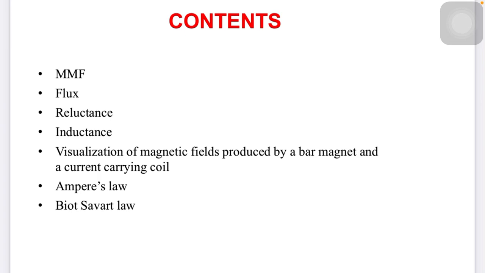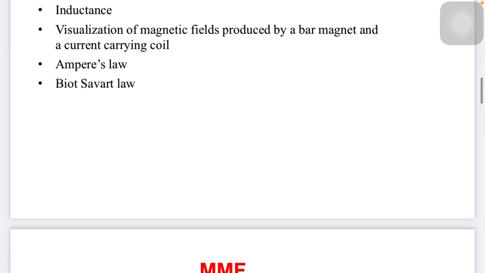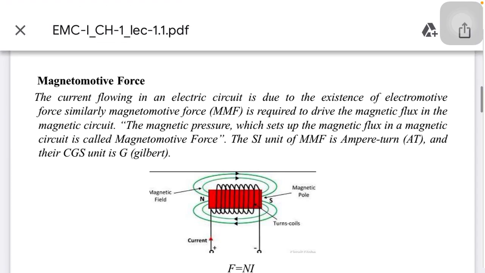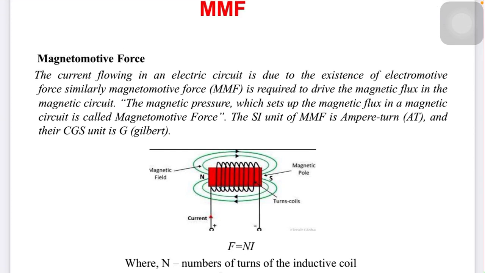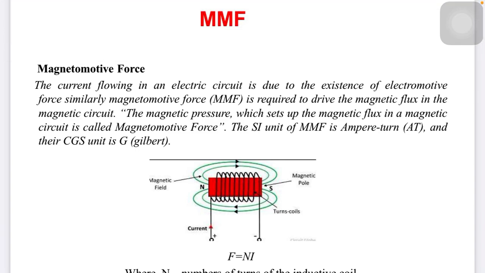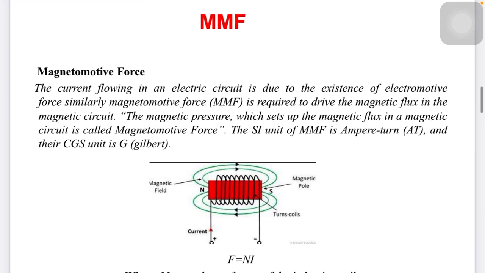Before we start the detailed explanation of these important terms, students might already know them, because in the first year subject, Basic Electrical Engineering, we cover all these relevant topics. But today is the introductory lecture of Electrical Machines 1, so I quickly rewind that.